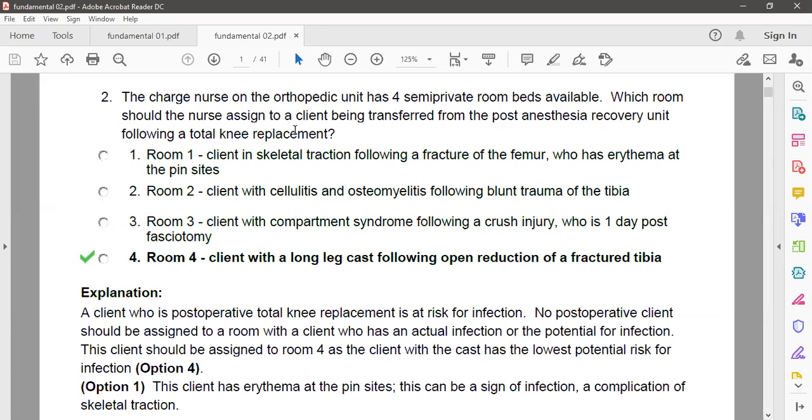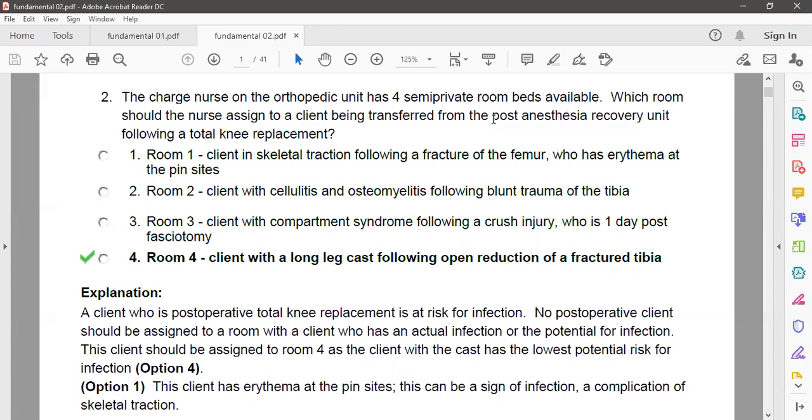So it is good that the post-operative patient is not cohorted with any patient who has any sign or symptom like nausea, vomiting, diarrhea, open wound infection or chest drainage, right? Or any infection of the chest like pneumonia, we do not cohort them.